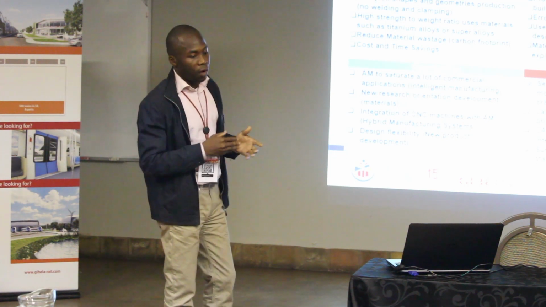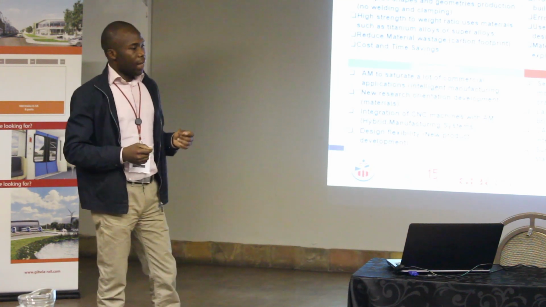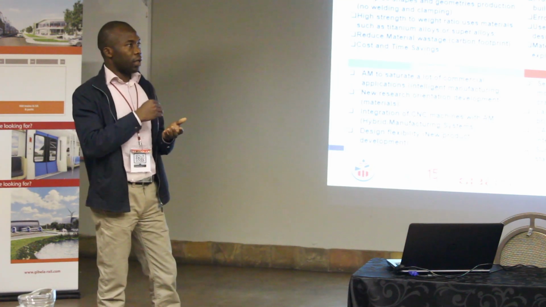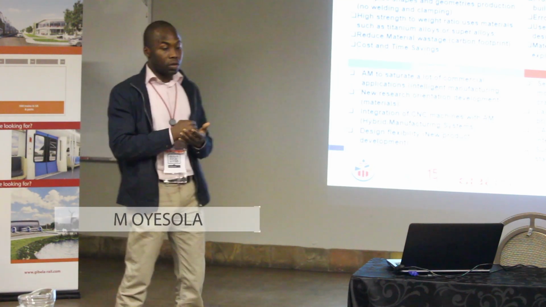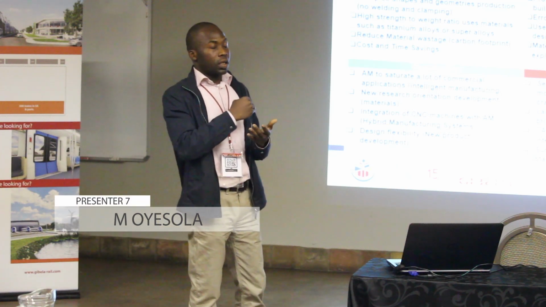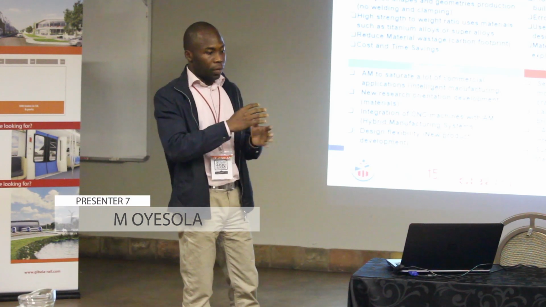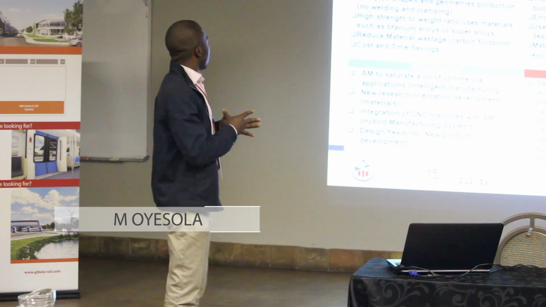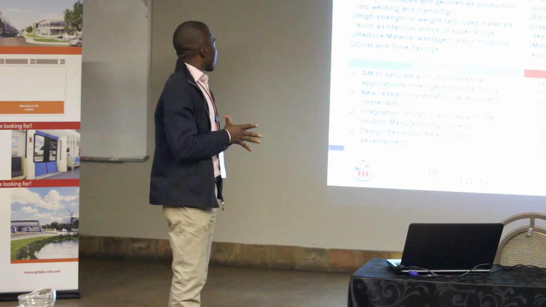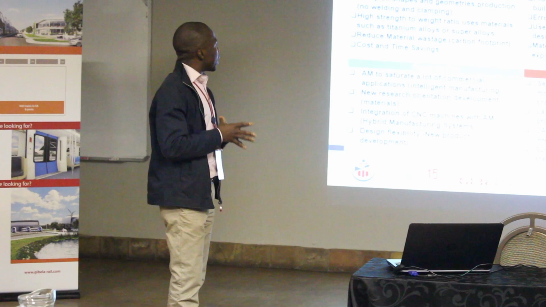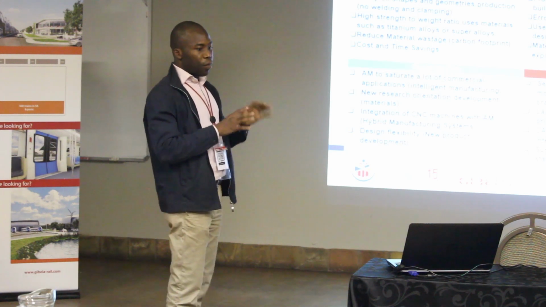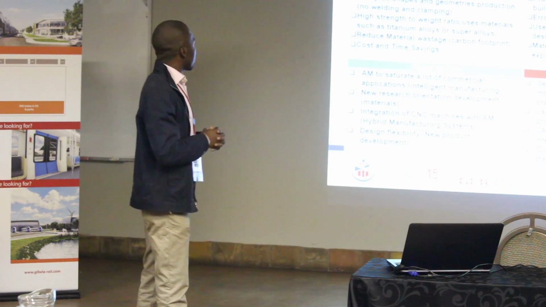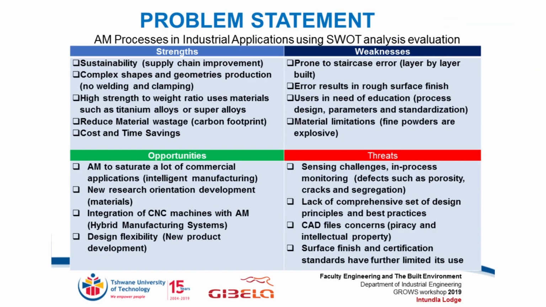Compared to the conventional way of manufacturing, you cannot get exactly the production you want; what you can get is what is called near net shape production. Also, as it is now, there is limited education around additive manufacturing for people that understand what this is all about. There is also material limitation; it's limited to certain materials.